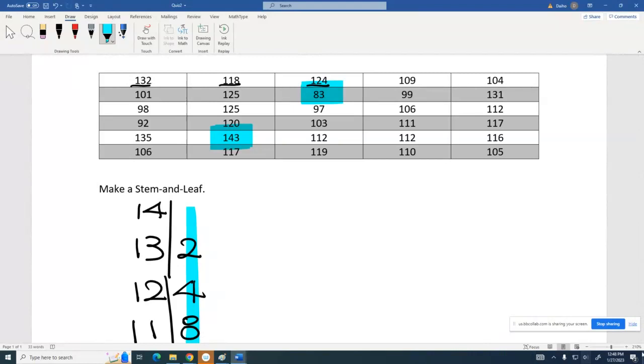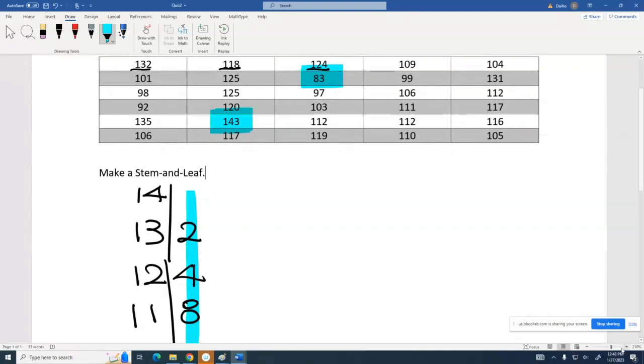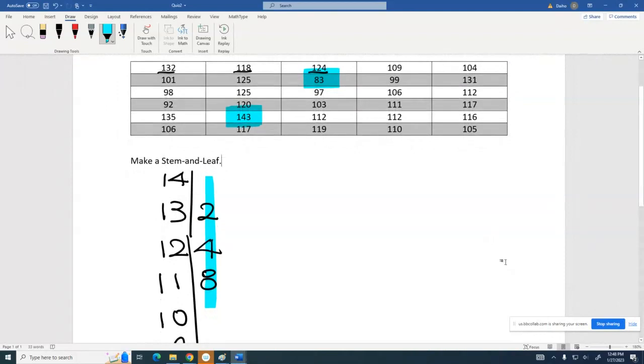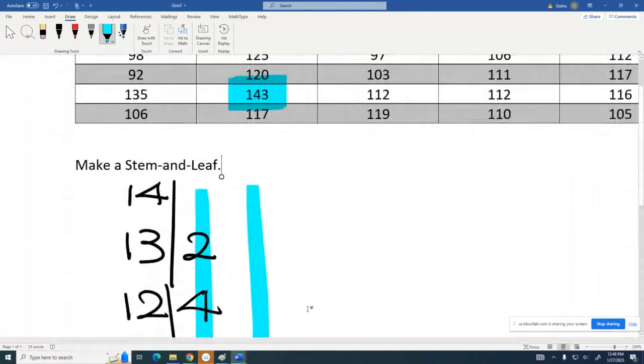And the next one is 10 and 9, still in the first column. And the next one is 10 and 4 in the second column, right? Yeah, good. So let me make them bigger again.